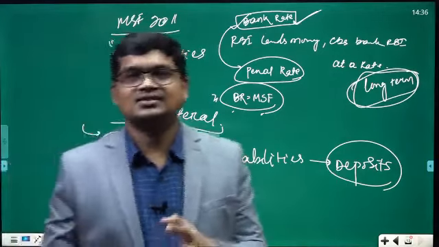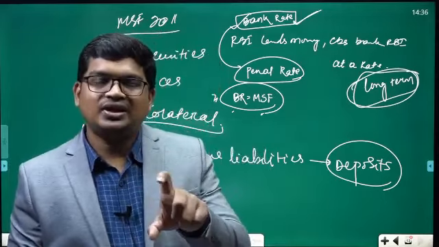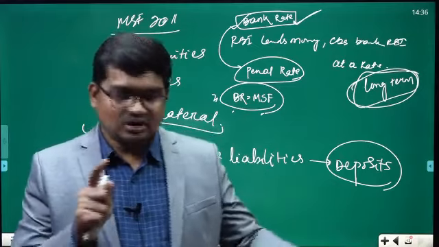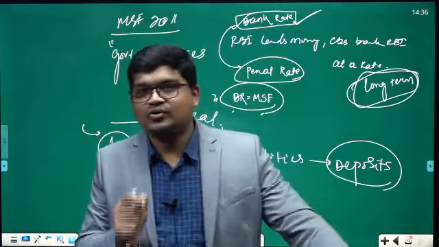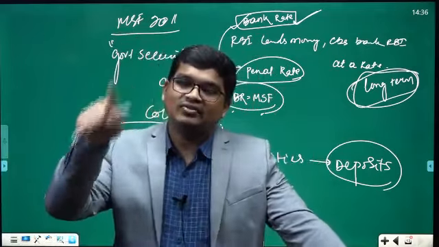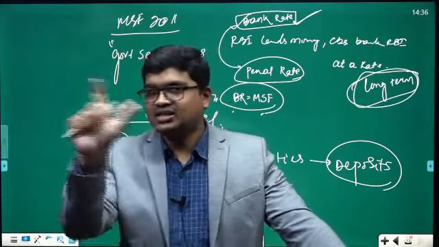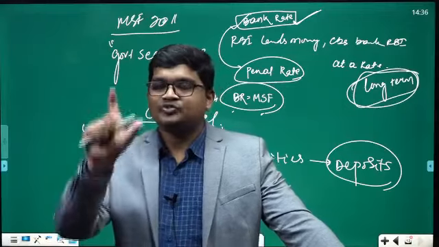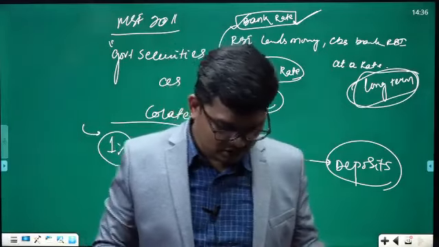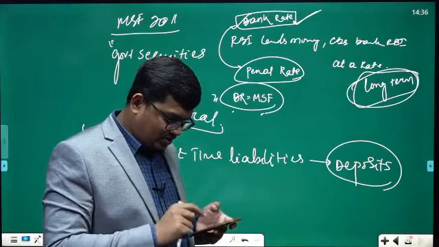Base effect means, simply, I have already told you, the corresponding period of the previous year. Suppose you want to know the inflation of the first quarter of 2021, then you have to see the inflation of that same first quarter of 2020, then you can compare between the two. So base effect is something, base year is something else. Okay, so both are different, so don't confuse these two.